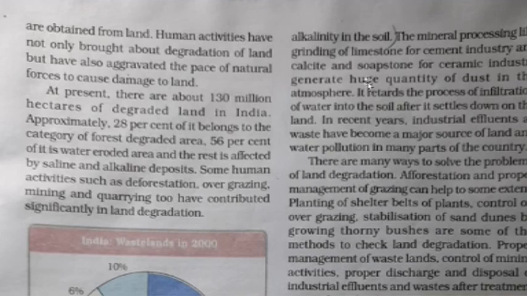Mineral processing, like grinding of limestone for the cement industry and calcite and soapstone for the ceramic industry, generates huge quantities of dust in the atmosphere. During the grinding of stone, a lot of dust evolves. That dust is scattered in the atmosphere, and when it settles down on the land, it causes damage.